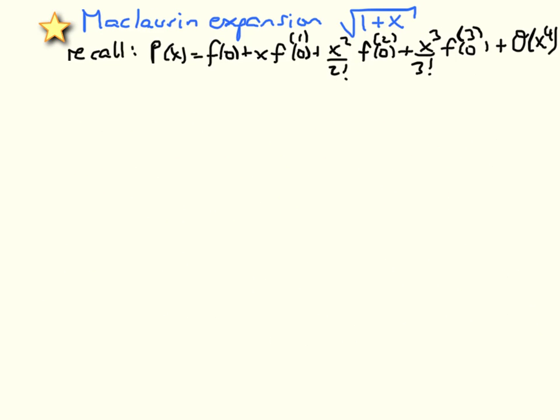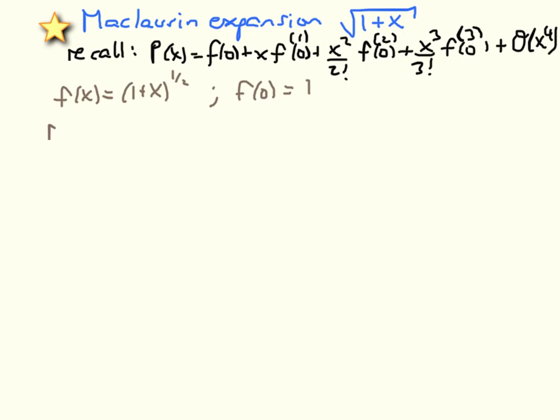So the final exercise in this video quiz is to calculate the first 4 non-vanishing terms in the Maclaurin expansion of the square root of 1 plus x, and again we recall our key formula. Here our function f of x is the square root of 1 plus x, but because we are going to be differentiating this, it's useful to write the square root as 1 plus x to the power of a half, and this tells us that our function evaluated at 0 is the square root of 1, and that is, of course, 1.